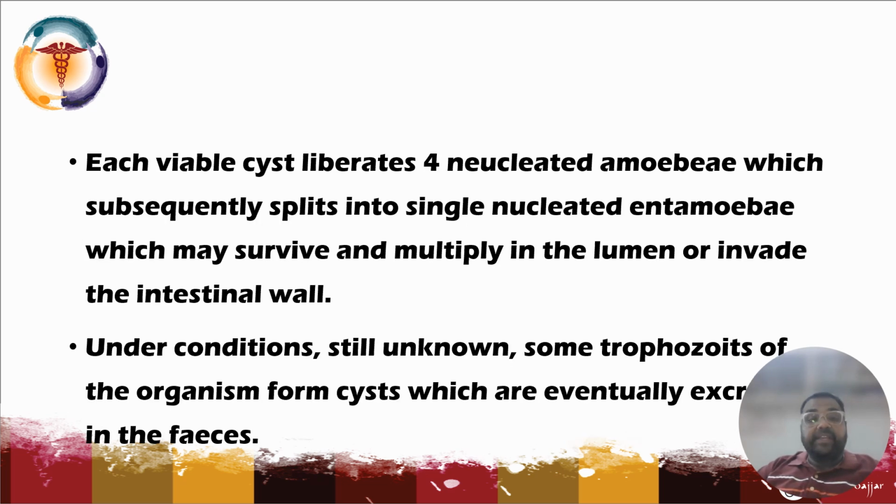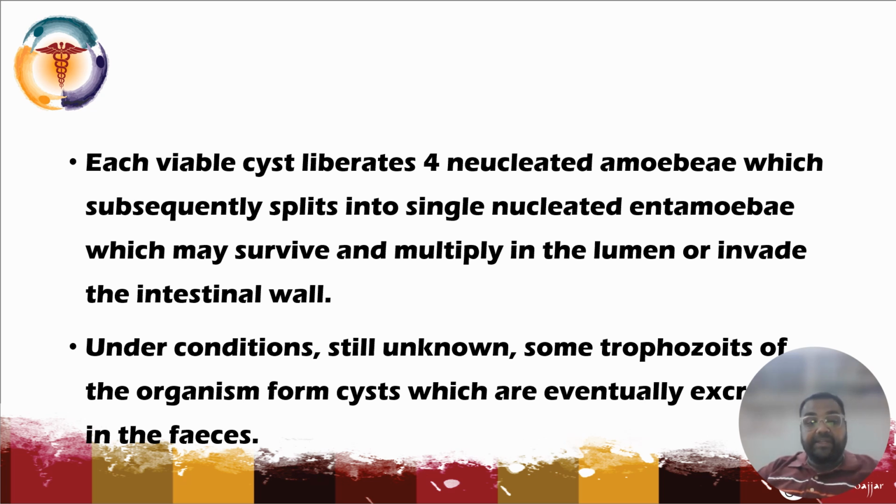Right? So each viable cyst liberates a 4-nucleated amoeba, which subsequently splits into single-nucleated Entamoeba, which may survive and multiply in the lumen or invade the intestinal wall. So invading again depends on the susceptibility of the patient.